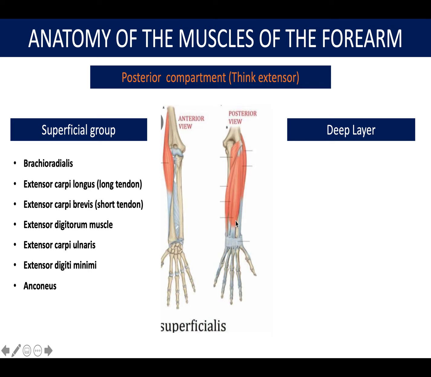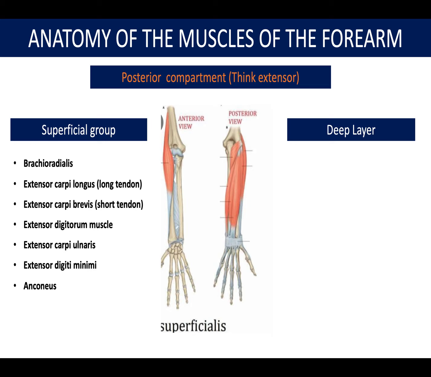This one here is extensor digitorum, because you can see the tendon going to the different digits. The next one down is extensor carpi ulnaris, and the next one is extensor digiti minimi, because it goes to the little finger, or the minimi, and this one here is anconeus. Let's pause the video if you didn't understand.